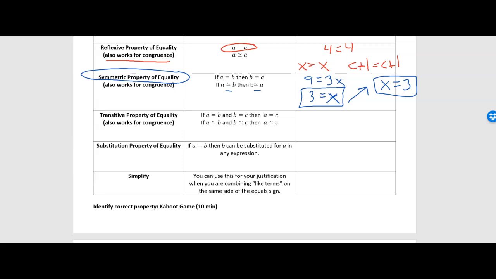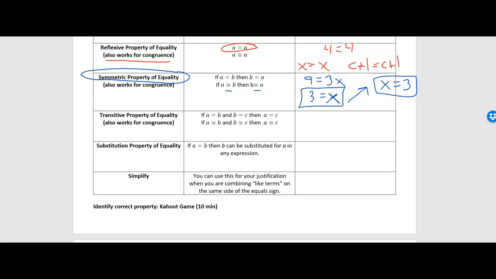This may look like the law of syllogism. If you think back to our last section of lessons, when if P implies Q and Q implies R, then P implies R. But now we're just using equals symbols. The way I like to describe this to students is, think about if there's we'll say three professional basketball players, and I'm just going to pick 3 that I think are all pretty good.